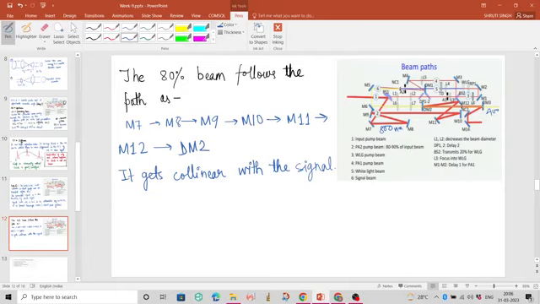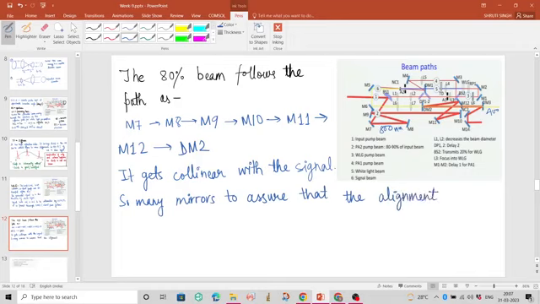That's why we have to go through this many mirrors, to assure the alignment.